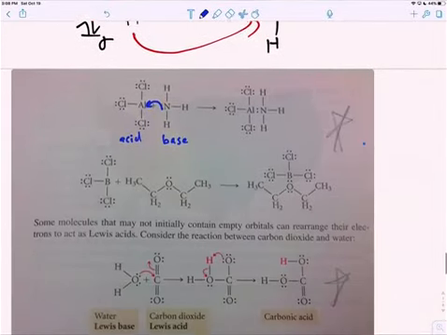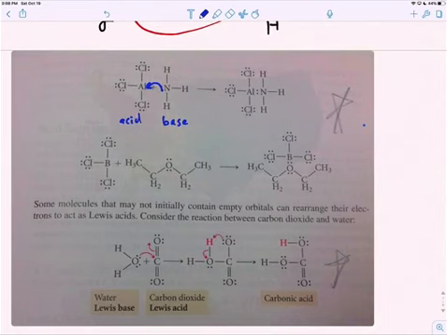Okay, and then what about Lewis acids and bases? We talked about acids and bases in terms of protons, but we can also have Lewis acids and bases. So aluminum trichloride is an acid and ammonia is a base, and they can form this molecule here.